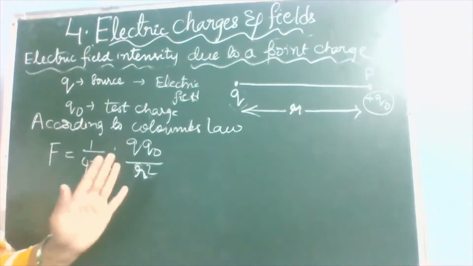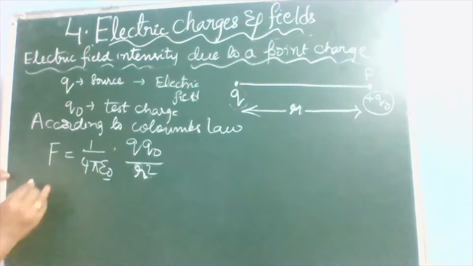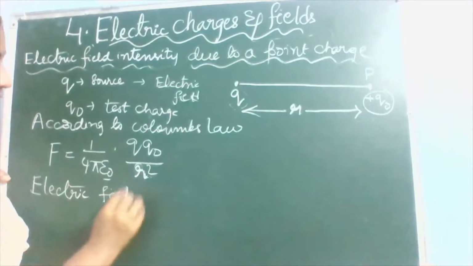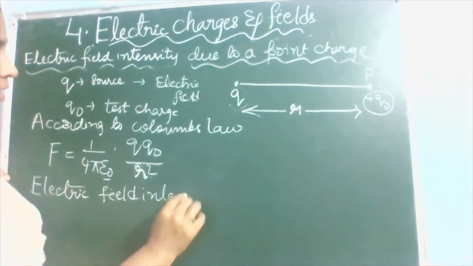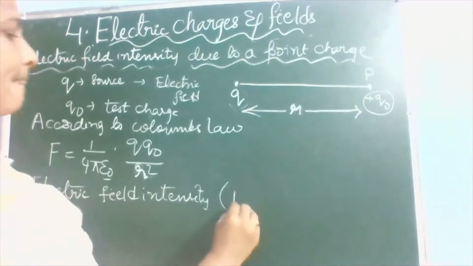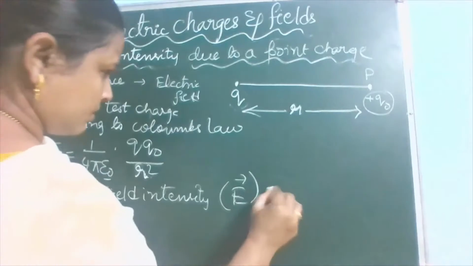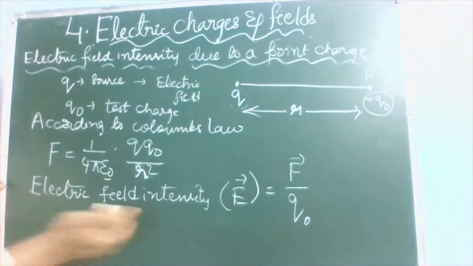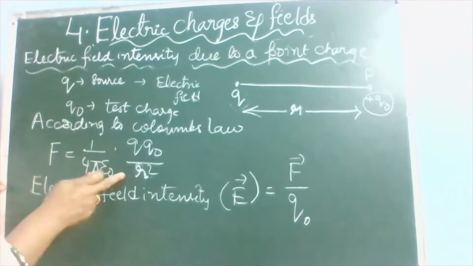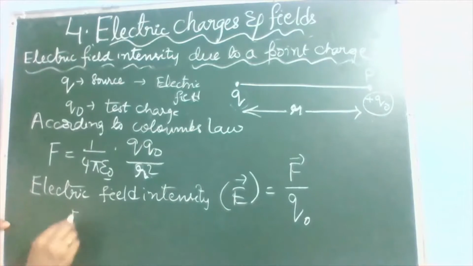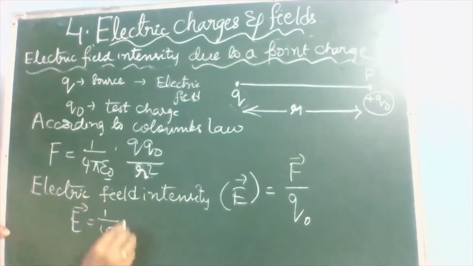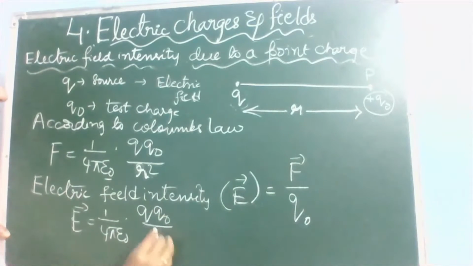The electric field intensity E is the force divided by Q naught, E equals F by Q naught. From the formula for F, E equals 1 by 4 pi epsilon naught into Q Q naught by R square by Q naught.